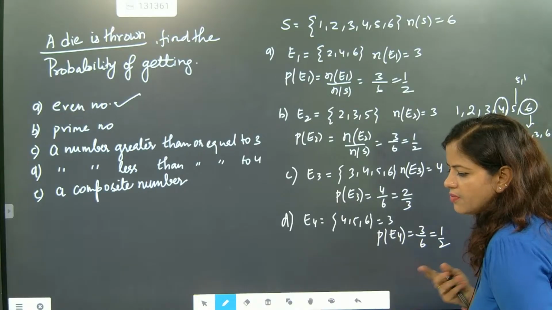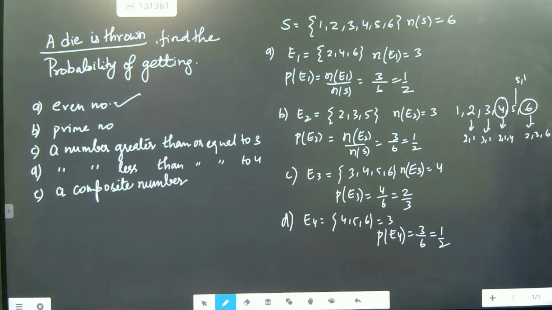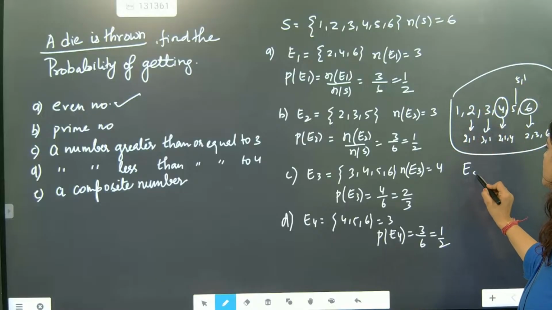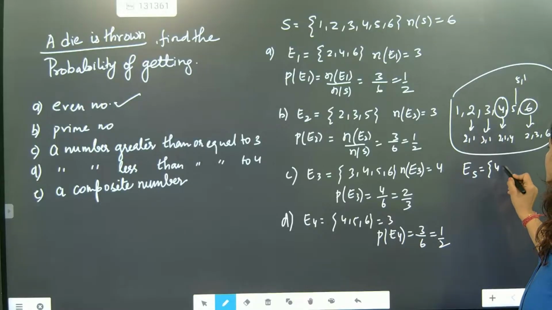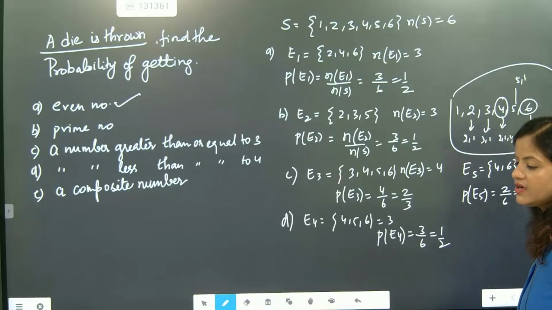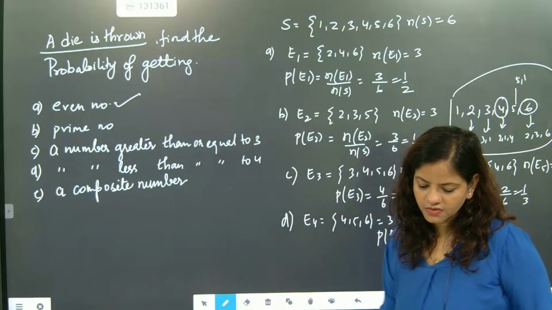Whenever a number has more than two factors, it is composite. So E5 is 4 and 6. The number of elements in E5 is 2, so probability of E5 is 2 by 6, that is 1 by 3. Well done children. Everyone is absolutely correct. So this is one question we have solved.